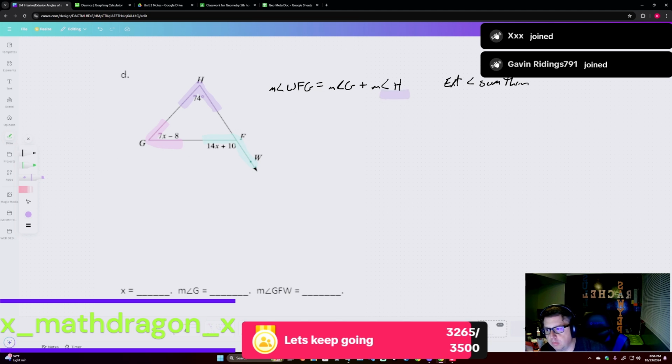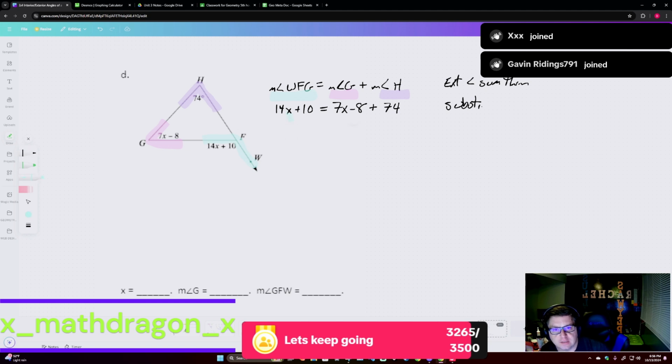H is purple. G is pink. Blue. Okay. We did this problem specifically so that when we did the substitution piece, we would get variables on both sides of our problem, which is a good thing because it's good practice to make sure that we can solve these types of problems.